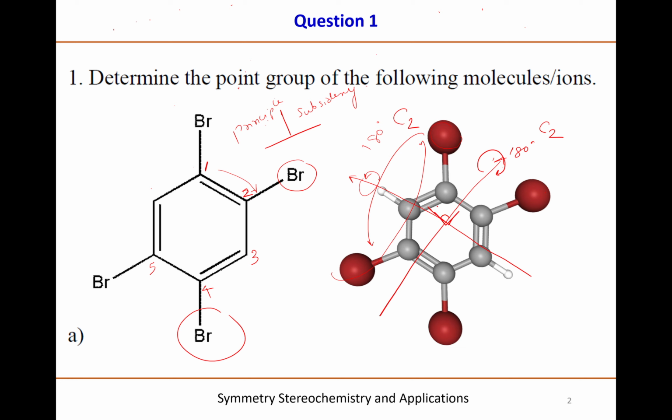So one is the principal axis and one is the subsidiary axis. How will we find out which one is which? In this case, we cannot differentiate between the principal and subsidiary axis because the number of folds is the same in both axes. So we will consider that there are two C2 axes present in this molecule.